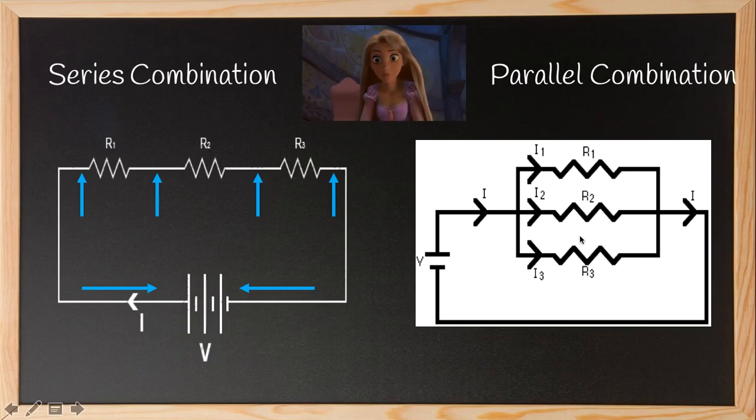One is above, the other one is below, and each is connected to the circuit between the two points. The ends are clipped, so they are not present in a single line. Such a combination of resistors is called a parallel combination.